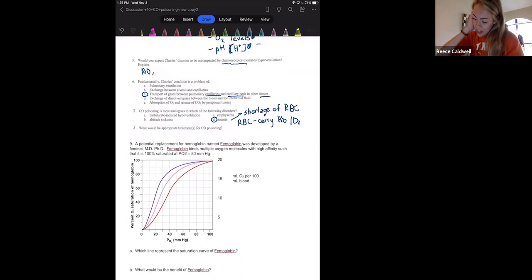Awesome. Okay, number 8, last question for this study. What would be an appropriate treatment for carbon monoxide poisoning? So again, carbon monoxide poisoning is decreased oxygen. So the appropriate treatment would be to give high level or pure oxygen to the patient.